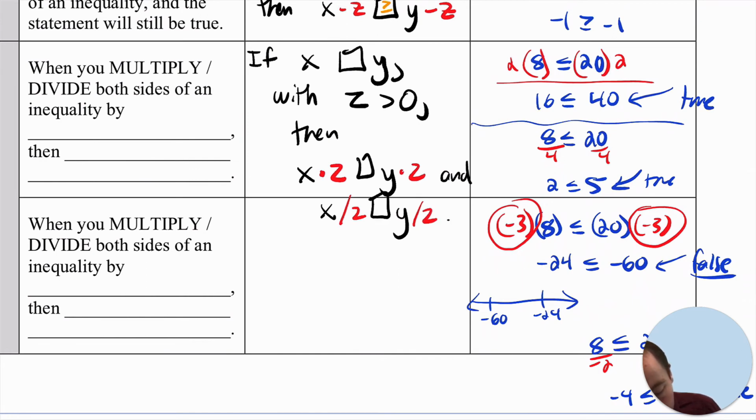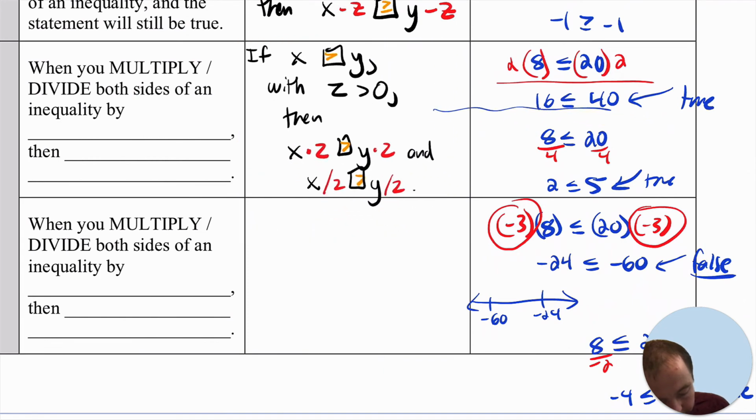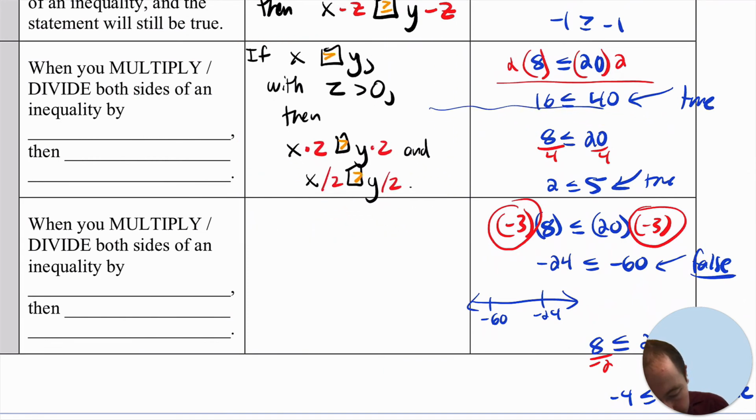If you had a greater than, then that should still be a greater than. That's what the multiplication and division property says if we're multiplying or dividing by a positive number, as you're seeing there.